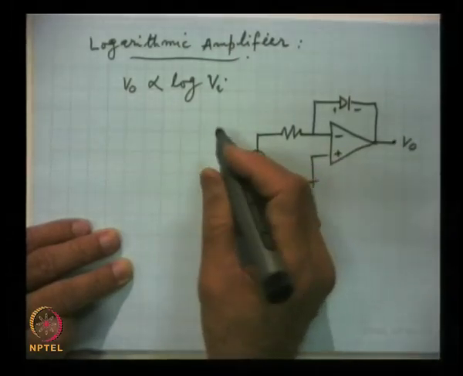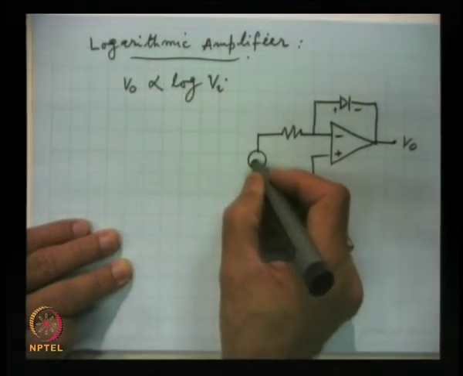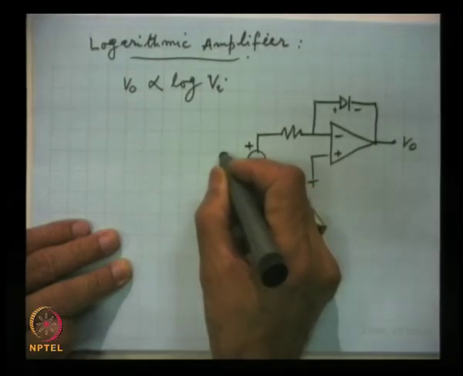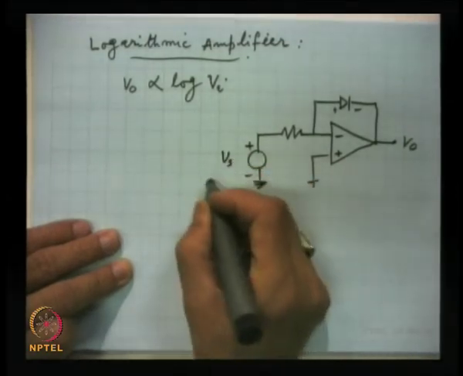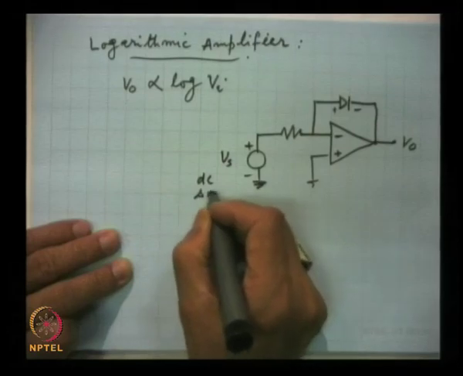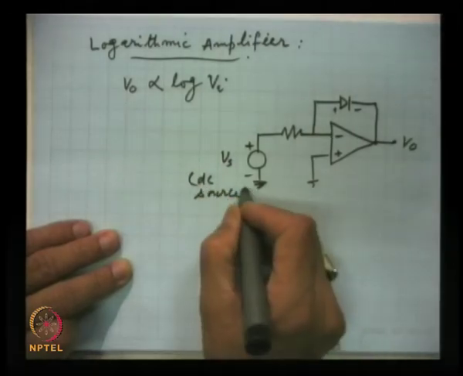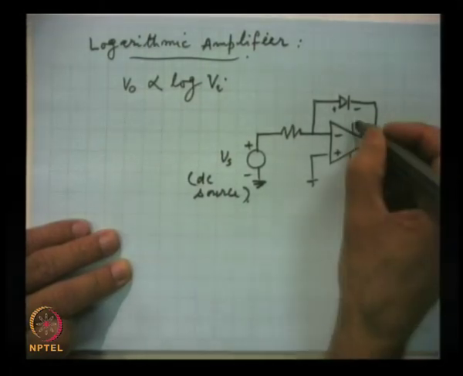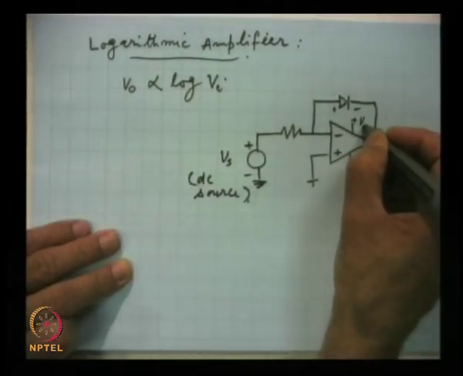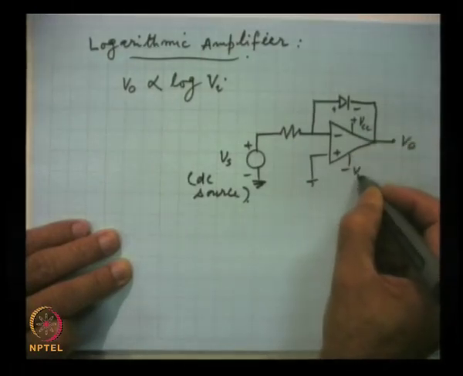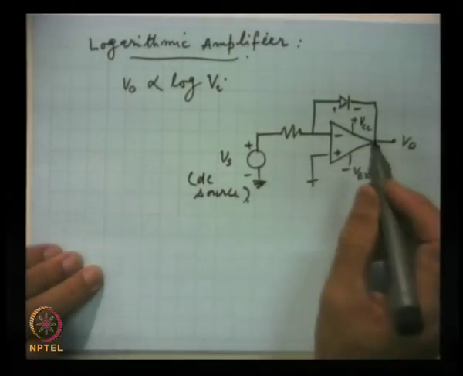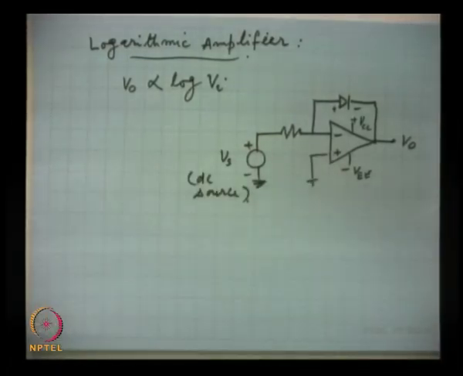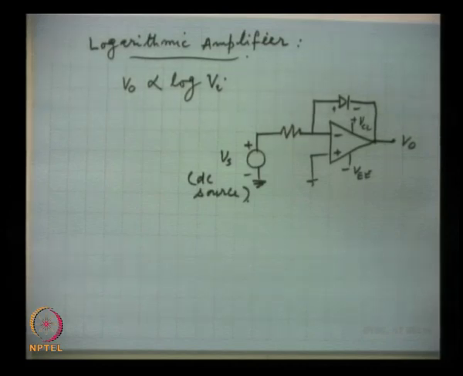V out, and this is a DC voltage Vs, DC source. This is the circuit of a logarithmic amplifier.